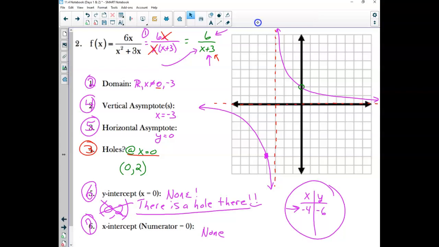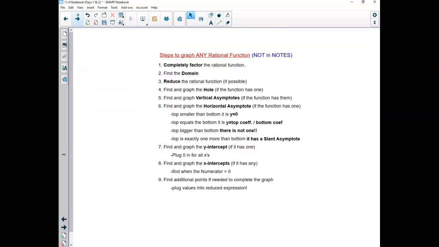So the last slide I'm going to show you here, guys, is Kruger's fail-safe rules to graph any rational function. These are not in your notes, but if you follow this, they're really hard to graph wrong. First thing is completely factor your rational function, both numerator and denominator. Then you focus on the denominator and state your domain exclusions, like we've been doing.